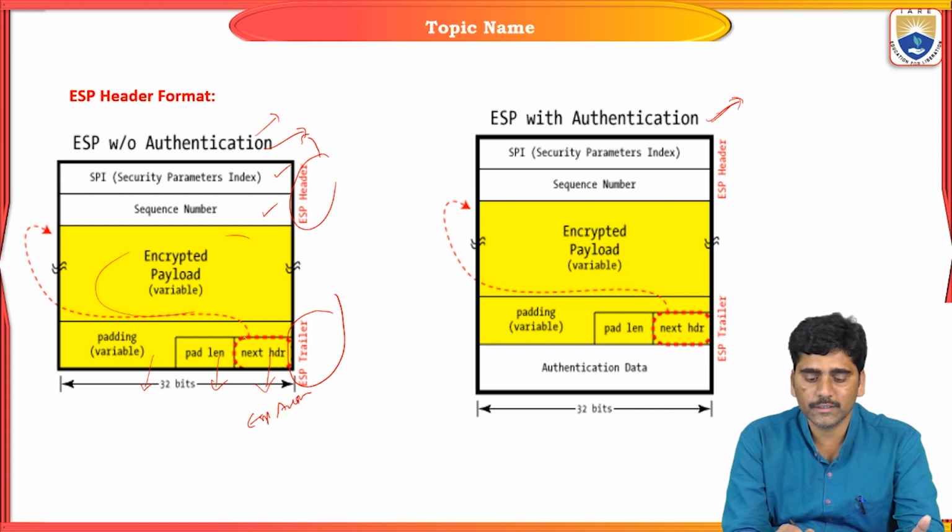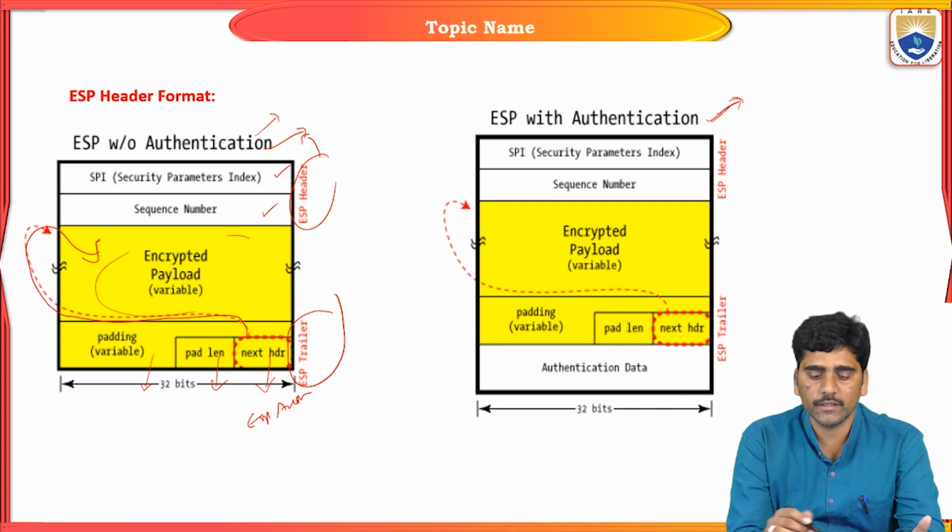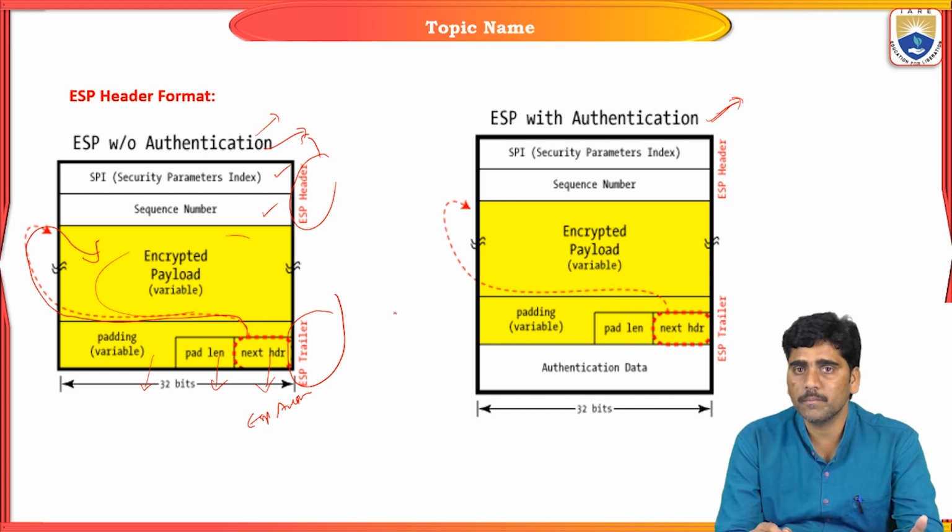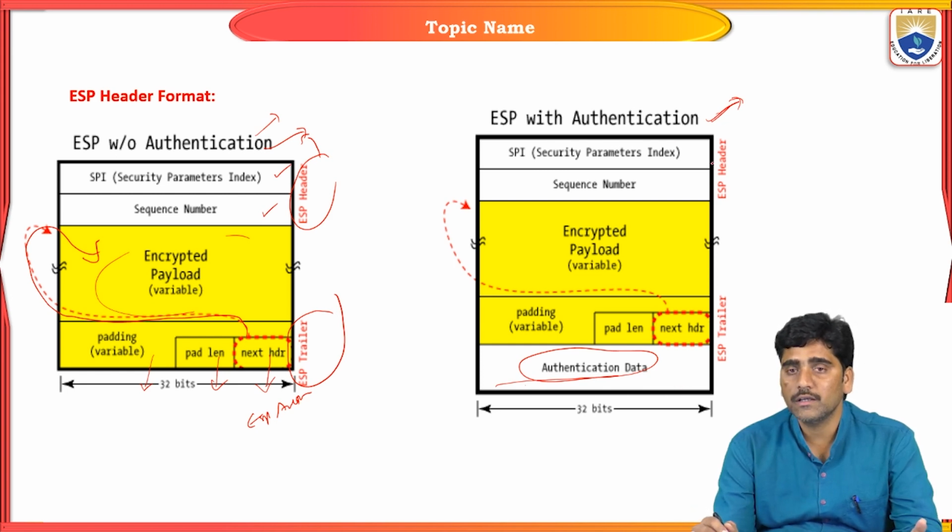Here the next header indicates the encrypted payload, but there is no authentication data. But in this diagram, if you observe, there is an authentication data field, which has 32 bits. So here is ESP with authentication. The ESP header contains both the security parameters index and the sequence number, and the ESP trailer contains variable padding, pad length and next header.